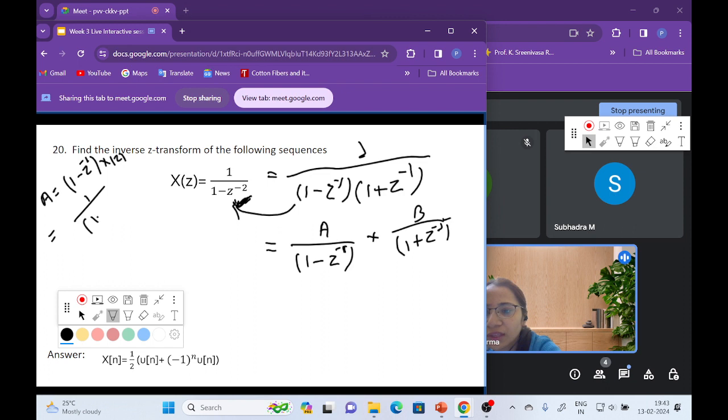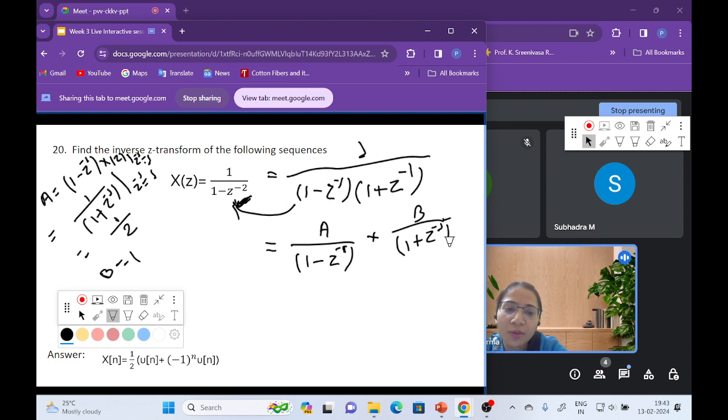So you will get 1 plus z inverse at z inverse is equal to 1. If z inverse is equal to 1, what will be the value of A? 1 by 2. Got it? Similarly, you can find out the value of B also.